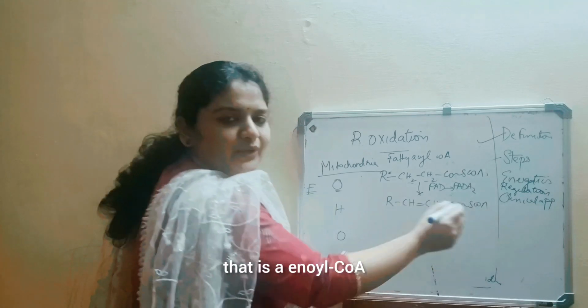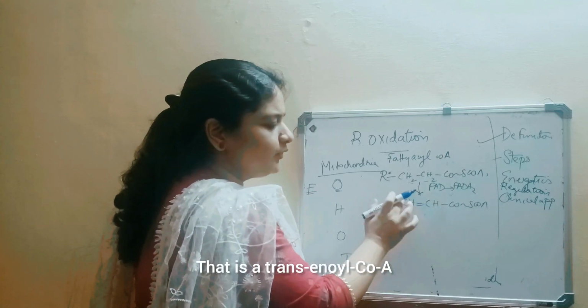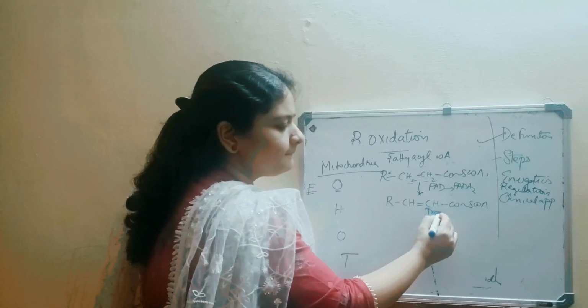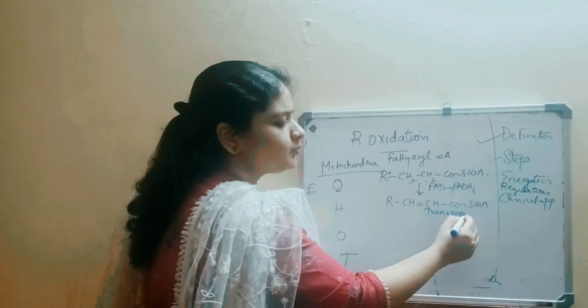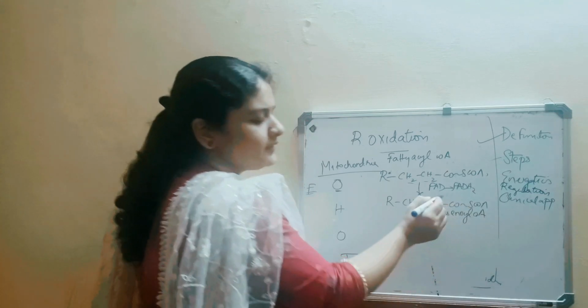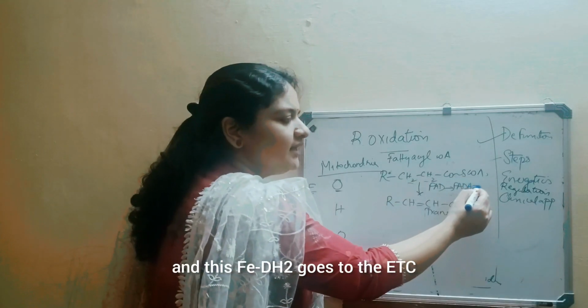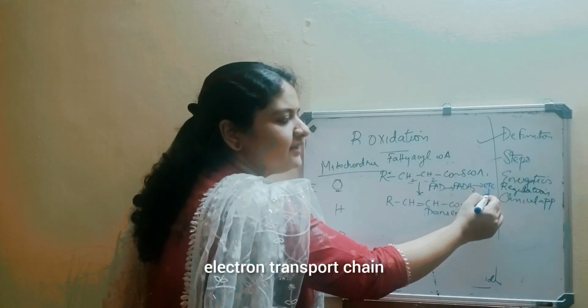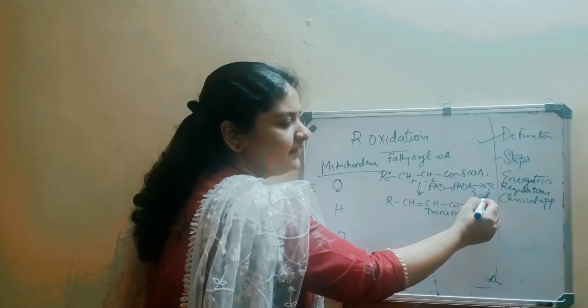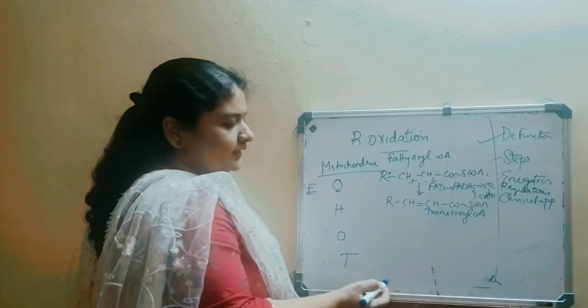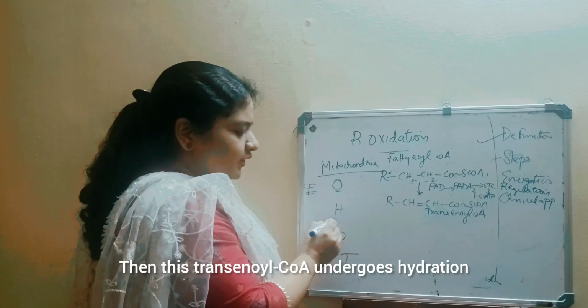That is an enoyl CoA, a trans-enoyl CoA. So you will get a trans-enoyl CoA, and this FADH2 goes to the ETC, electron transport chain, and we generate 1.5 ATP. Then this trans-enoyl CoA undergoes hydration.